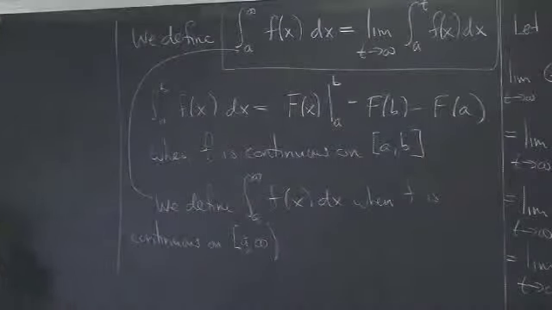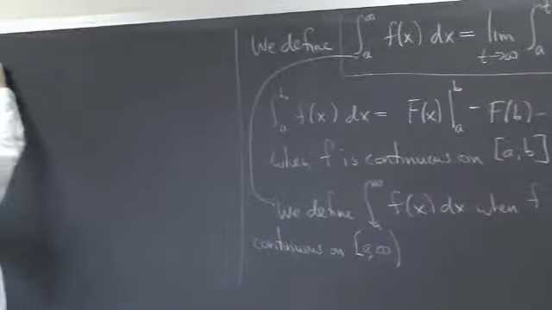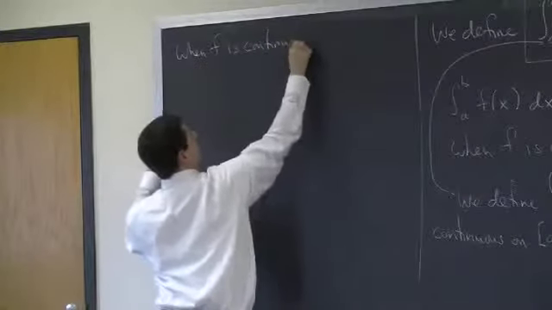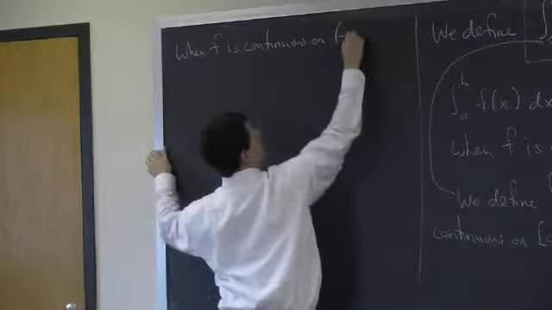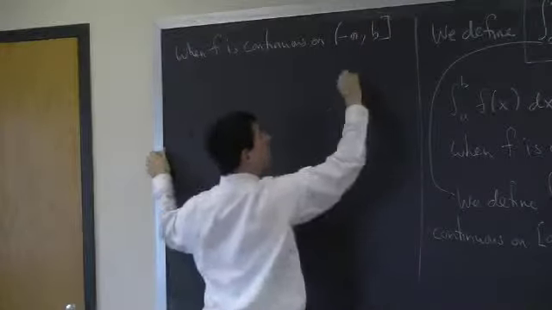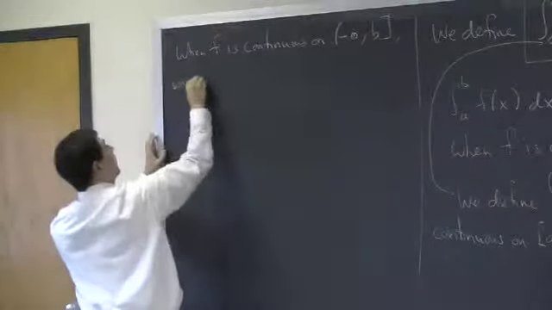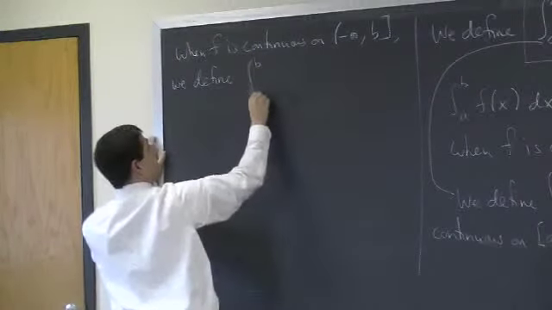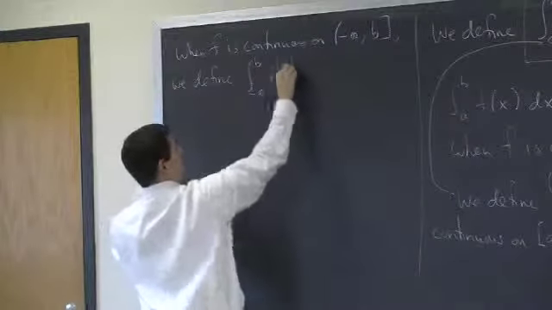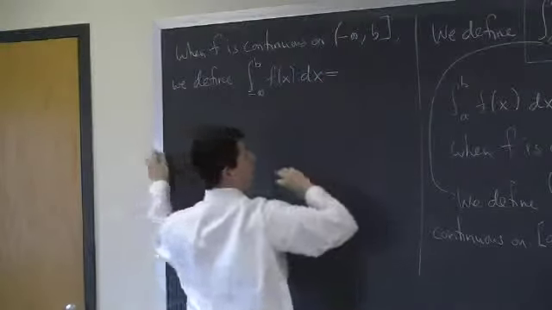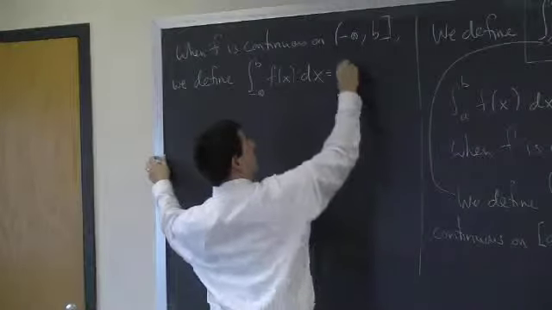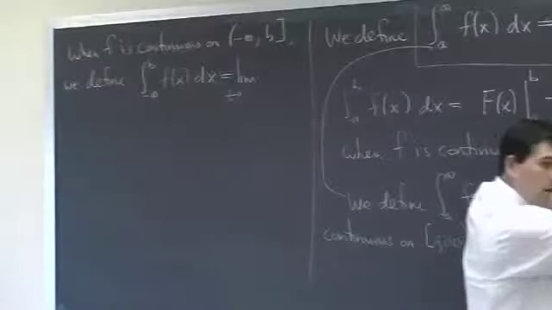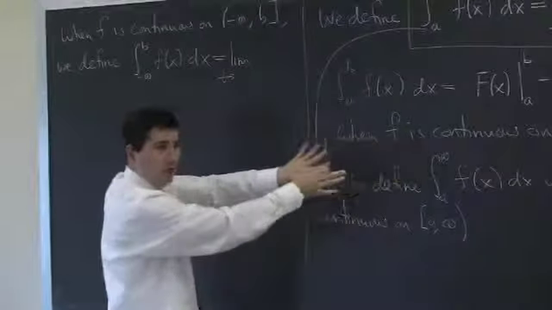So again, when f is continuous on minus infinity to b, we define the integral from minus infinity to b of f of x dx to equal the limit. It's really the same function, only now instead of t going to infinity, we want t to go to minus infinity.